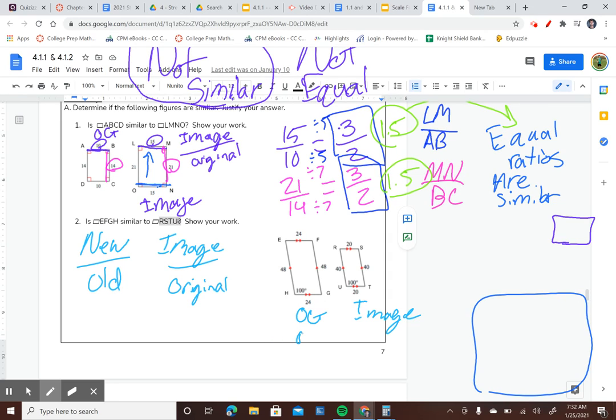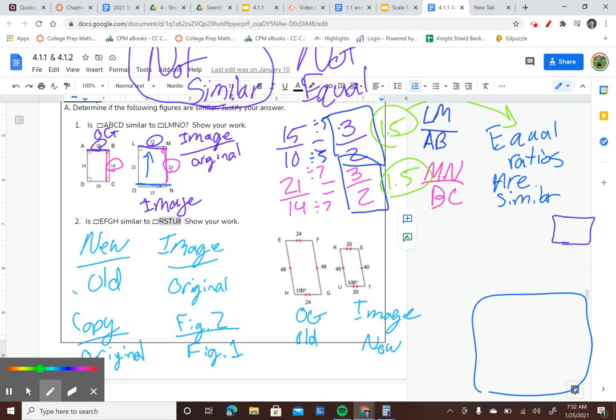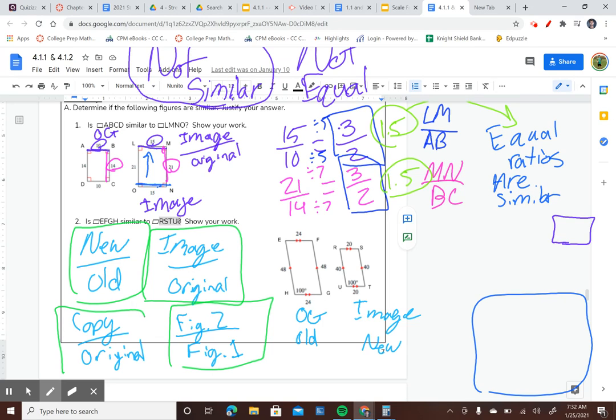Okay, you might call this the old one, and you might call this shape the new one. I've also seen it as figure 1 or figure 2 over figure 1. And lastly, I've also seen it as copy over the original. So these are all ways that I have seen image over the original written, but they all mean the same thing.